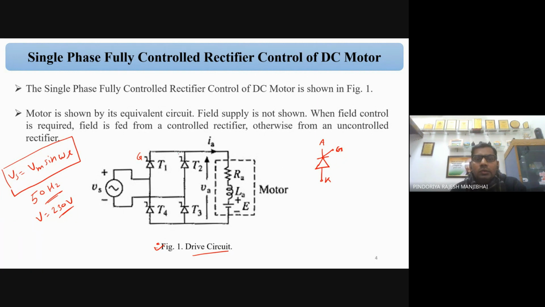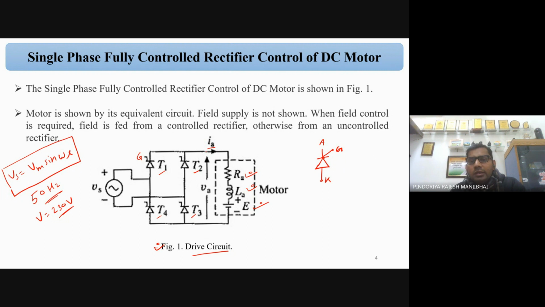We have four switches, T1, T2, T3, and T4, all thyristors, and this R, L, E is the equivalent circuit of the DC motor, where Ra is the armature resistance, La is the armature inductance, E is the developed EMF, and Ia is the armature current.